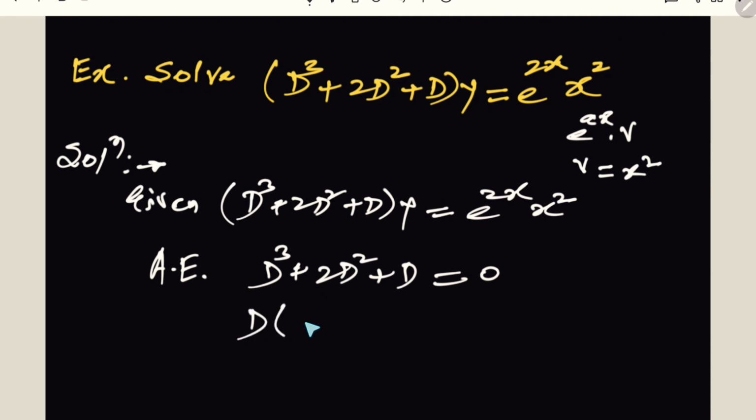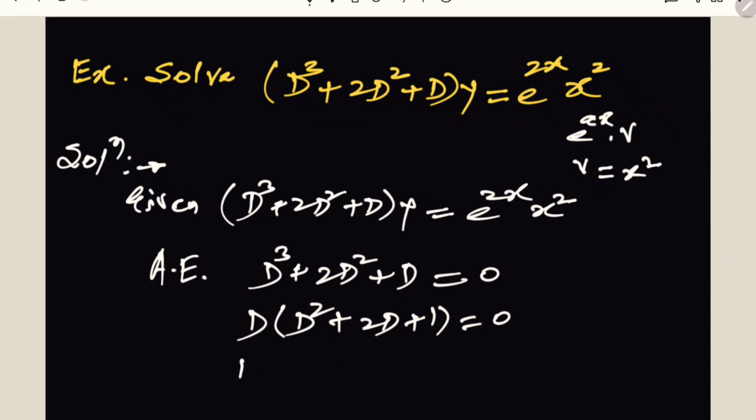We get D(D^2 + 2D + 1) = 0, and therefore first factor D = 0, and second D^2 + 2D + 1 = 0.